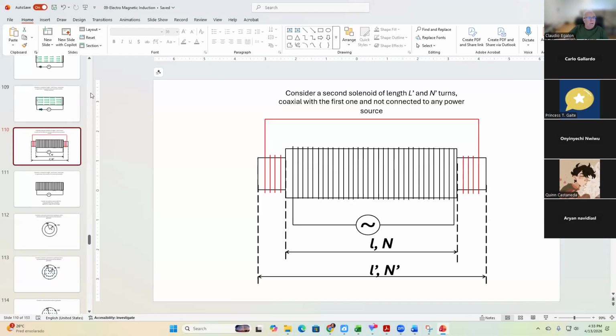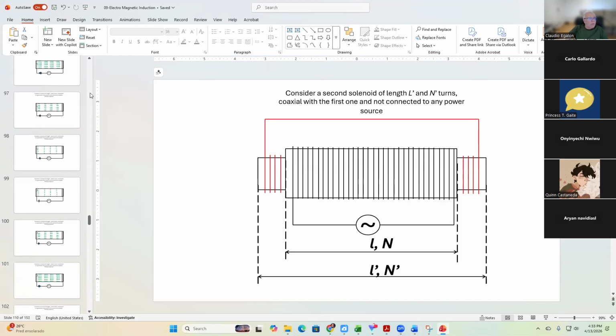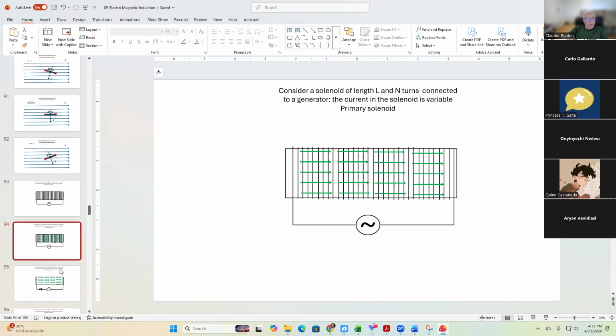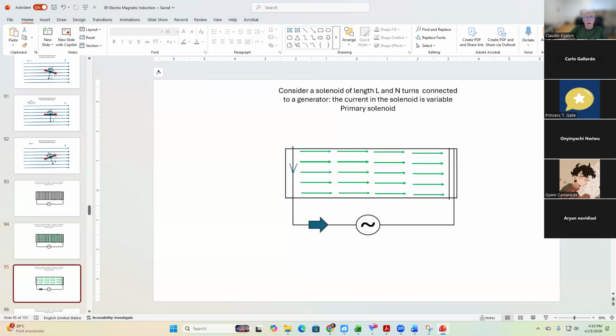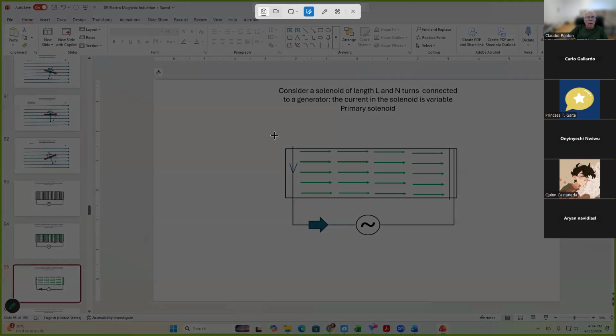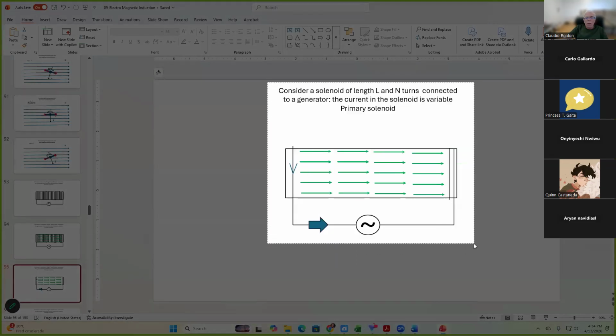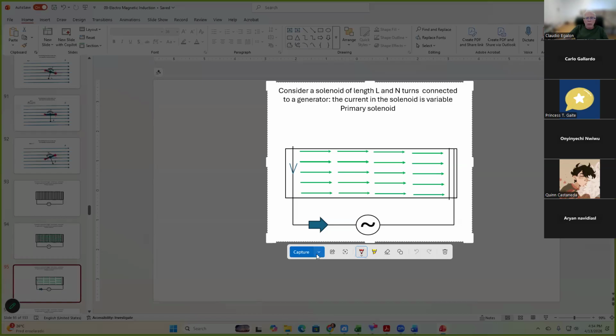So here you go. I'm going to copy this figure here, this one right in here, and I'm going to paste it in the notes.